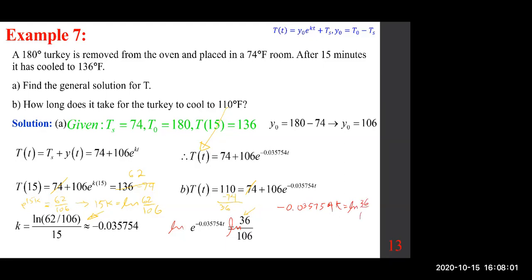I didn't even simplify on purpose because I want you to see where the numbers are coming from. And of course, you can even say ln of 36 minus ln of 106. But in any event, divide by negative 0.035754, and you have your time. This is Newton's law of cooling, and this is it, class.